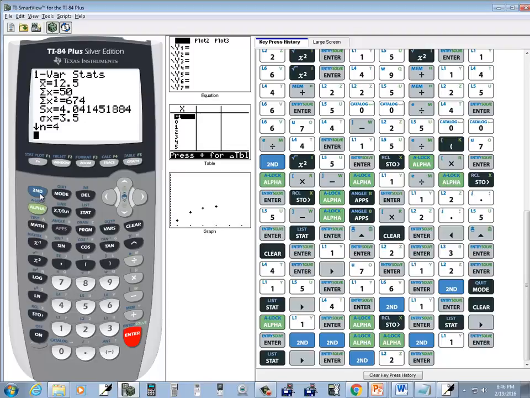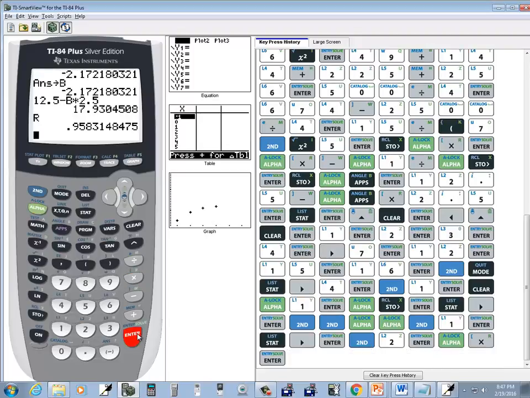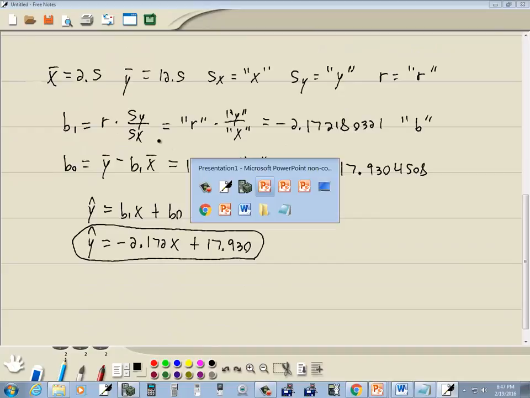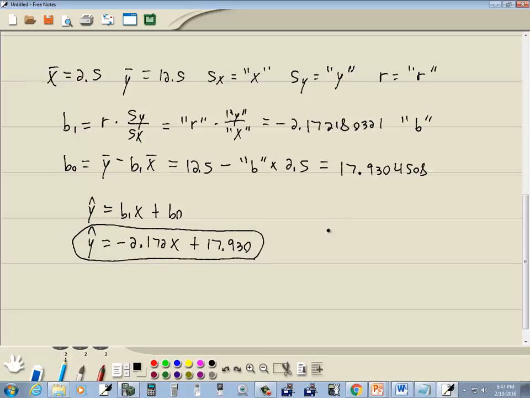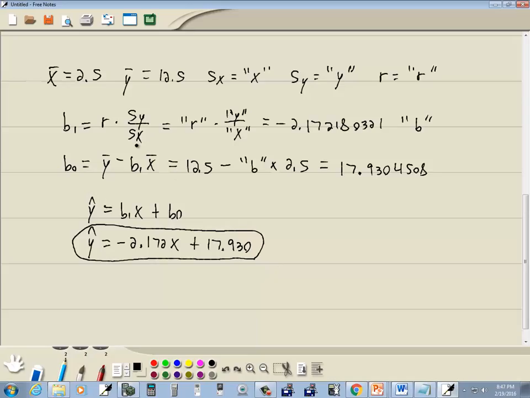But let's see. I'll do alpha. No, I wouldn't have messed it up on that. Alpha R. 0.9583. Yeah, that's perfect. So get down to here. My formula for B1. Double check my formula. B1 is equal to R times S sub y over S sub x.